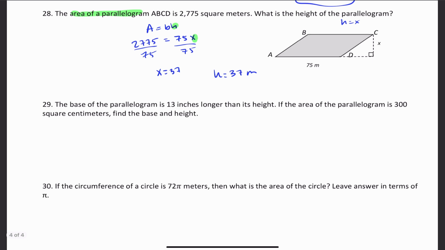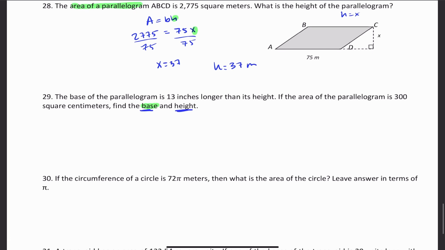All right, moving on to this next problem, number 29. The base of a parallelogram is 13 inches longer than its height. If the area of a parallelogram is 300 square centimeters, find the base and the height. So please make sure you're paying attention to the word problem here. It says you're trying to find two things, the base and the height of the parallelogram. So the base of the parallelogram is 13 inches longer than the height.